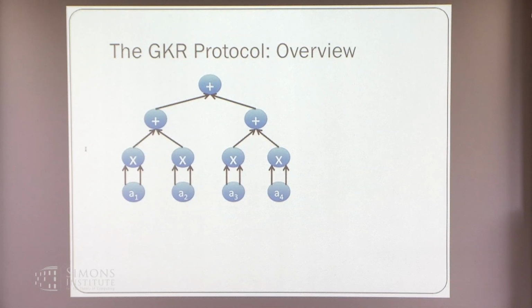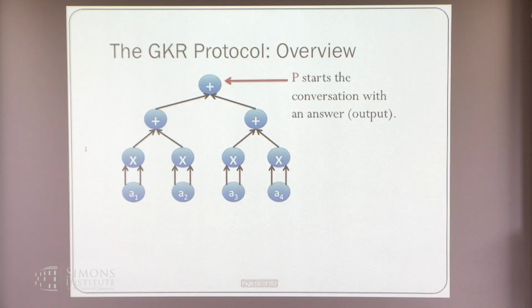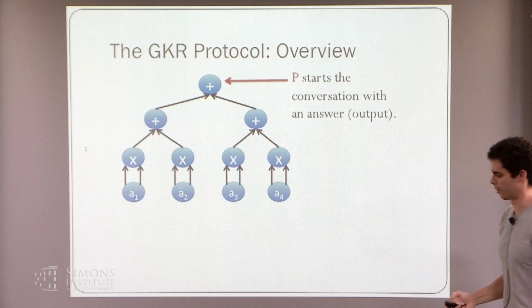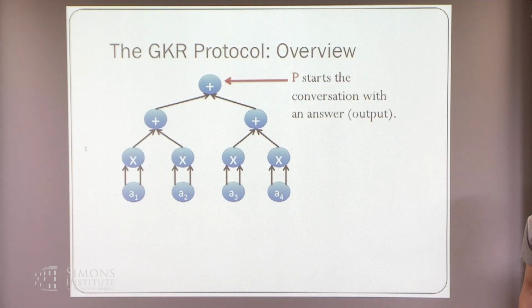That's what the GKR protocol does. I can't really give much more detail than that in this talk. But basically, first the prover sends the claimed output of the circuit, and then they invoke the sum check protocol, applying it to a very cleverly chosen polynomial.